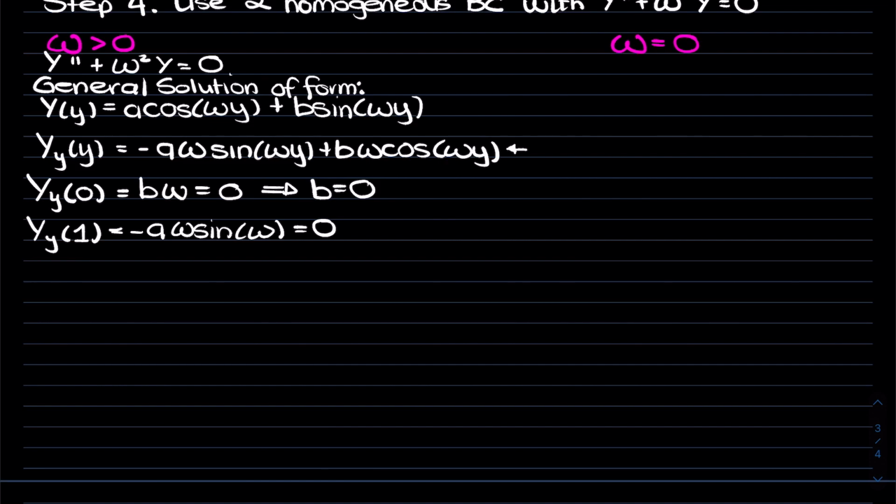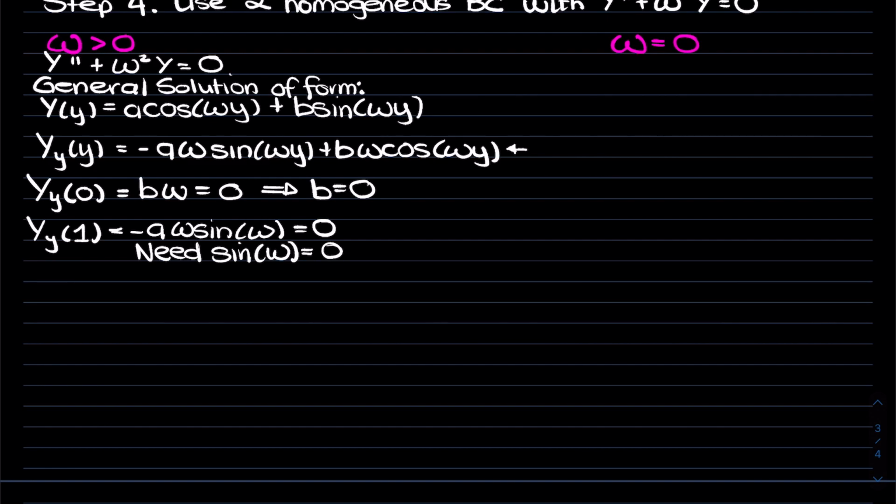Now we could just say, well, this works if we let a equal 0, but if both a and b equal 0, we're just getting the trivial solution, and that just tells us what is happening when nothing's happening. So we're not interested in the trivial solution. So what we need is for sine of lambda to equal 0.